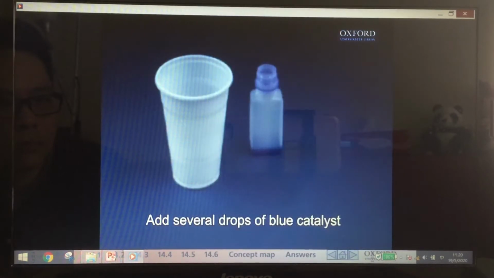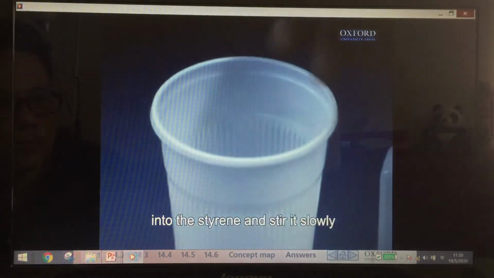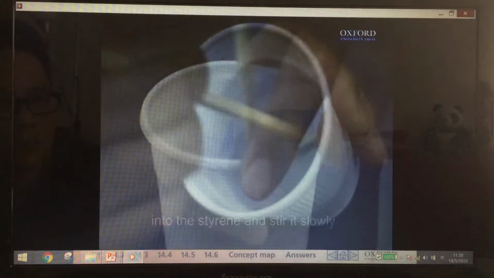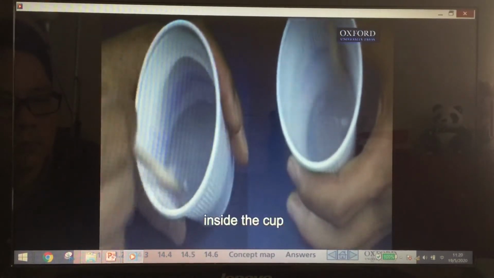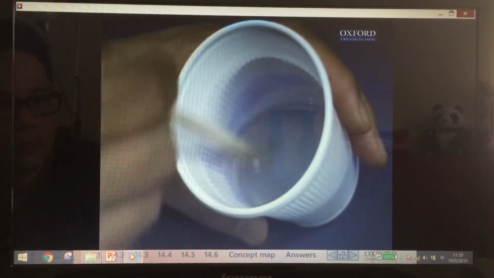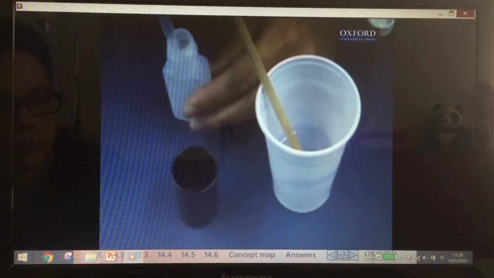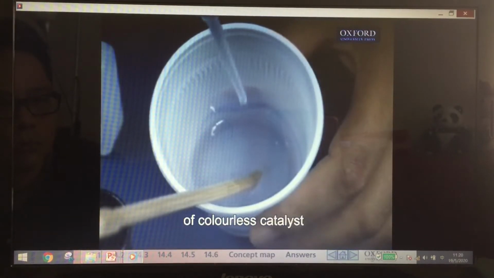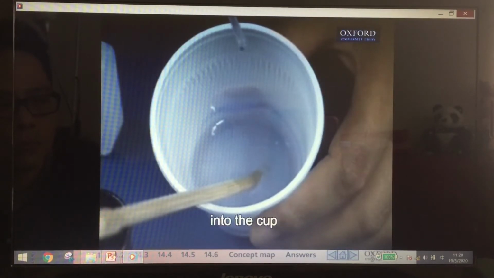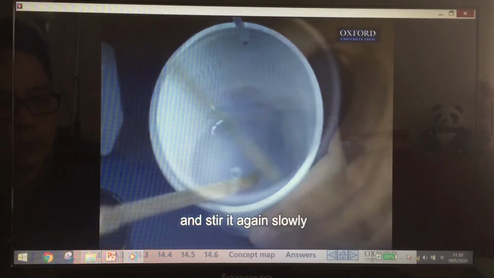Add several drops of blue catalyst into the styrene and stir it slowly. Avoid forming air bubbles inside the cup. Then add an equal amount of colourless catalyst into the cup and stir it again slowly.